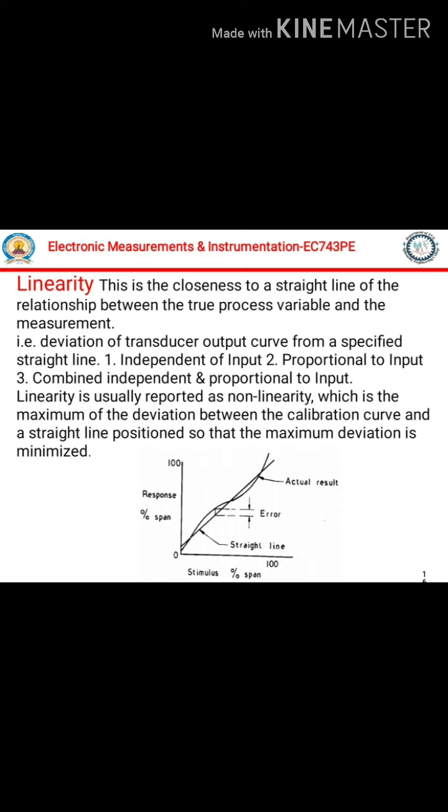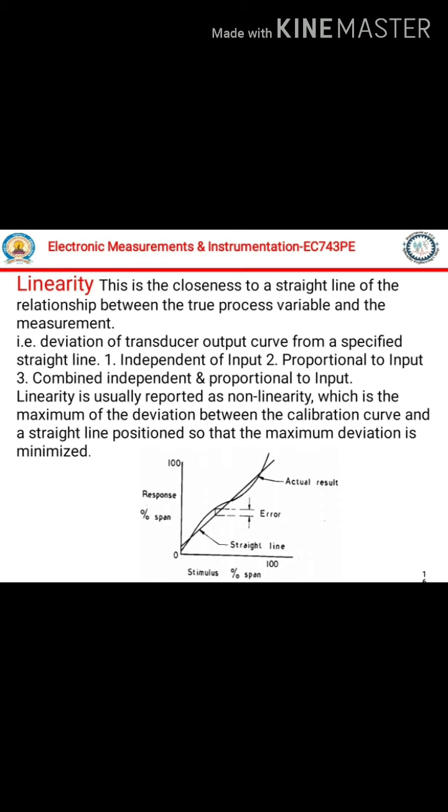But practically, when you observe the instrument, your input and output may not follow the exact 45 degree straight line, so they deviate from this straight line. The straight line y is equal to mx plus c is the ideal linearity of the instrument, but the practical linearity is slightly deviated from it.